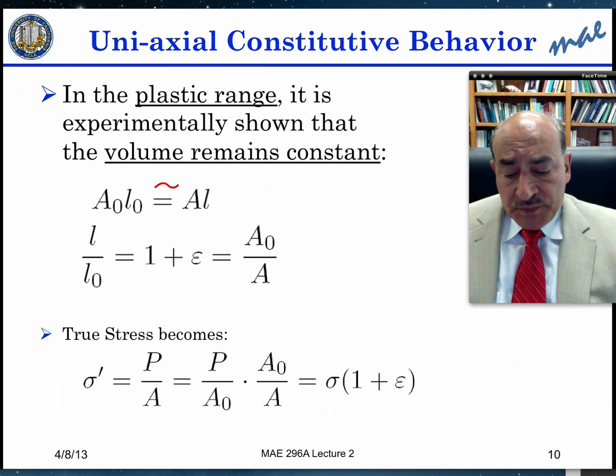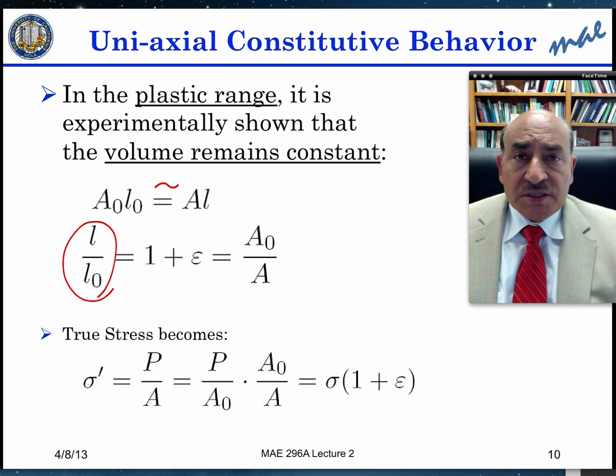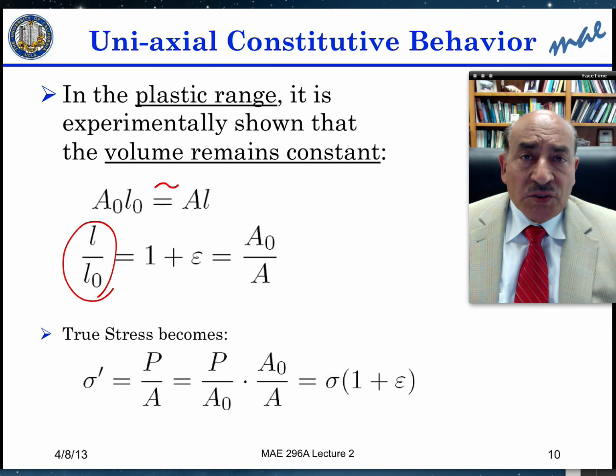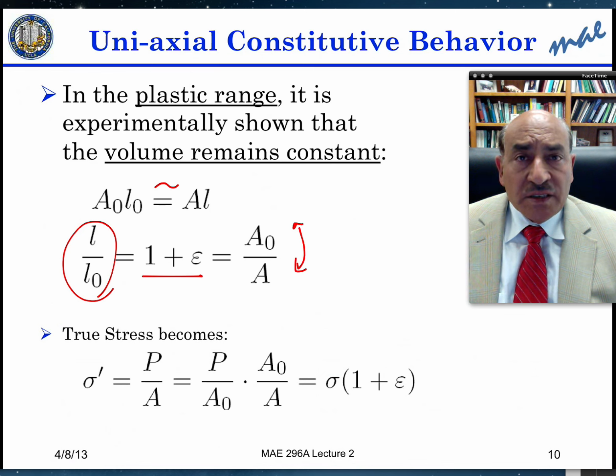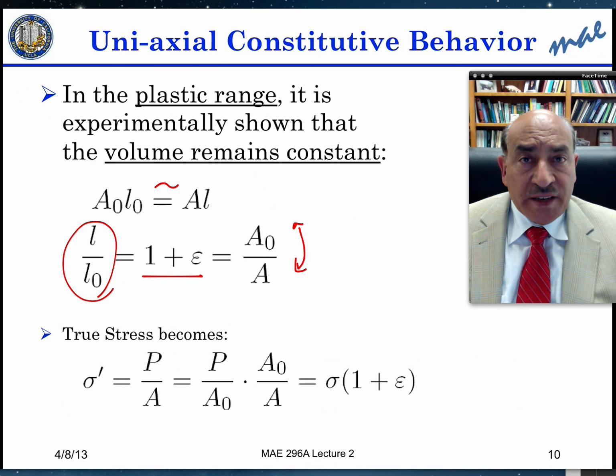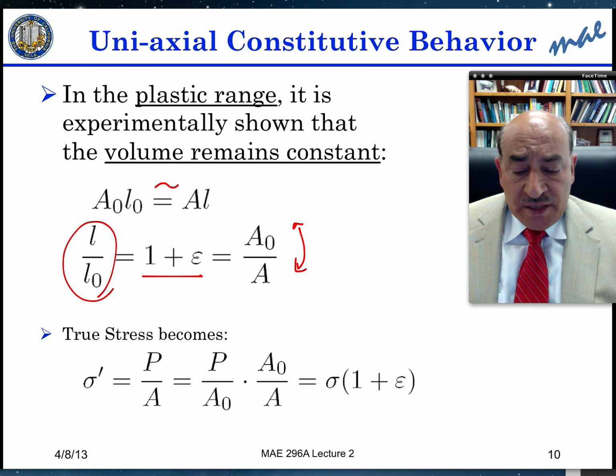And therefore, the ratio of L over L0, which is the value of 1 plus epsilon from the engineering strain, will be the reverse of that if it is written in terms of area. So it will be A0 over A. Why is that important?